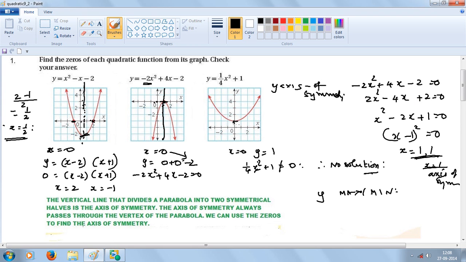What about the third case? The y-axis is the axis of symmetry. So x is equal to 0 is the axis of symmetry, or it's called the y-axis is the axis of symmetry.